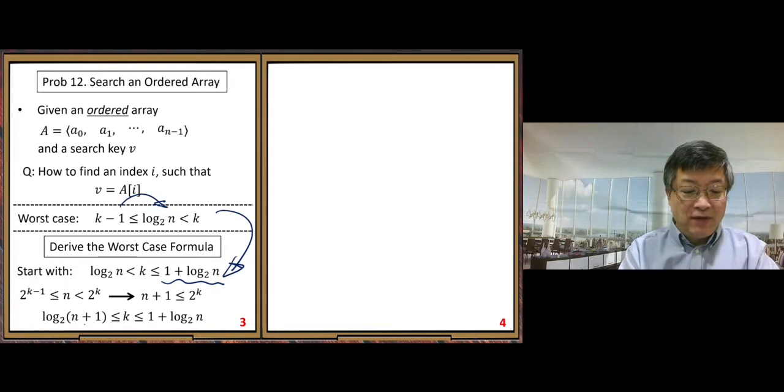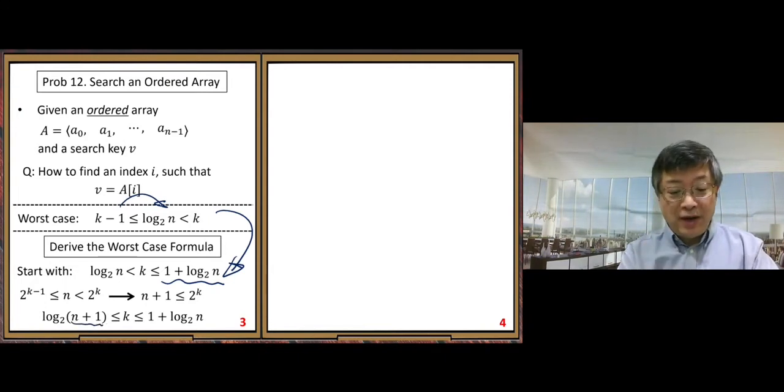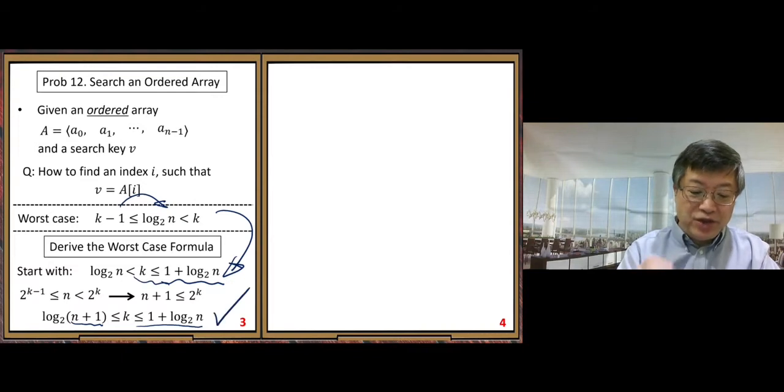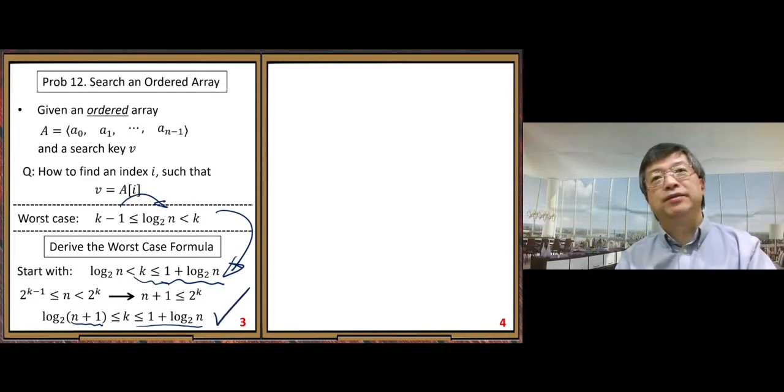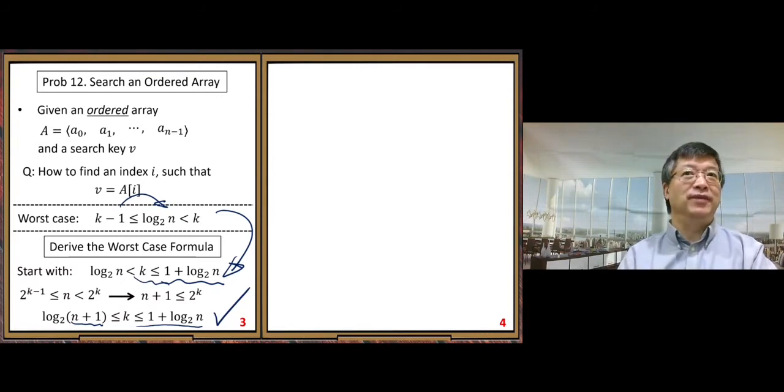We have log base 2 of n plus 1 less than or equal to k, and then k less than or equal to 1 plus log base 2 of n. So we derived this important inequality.